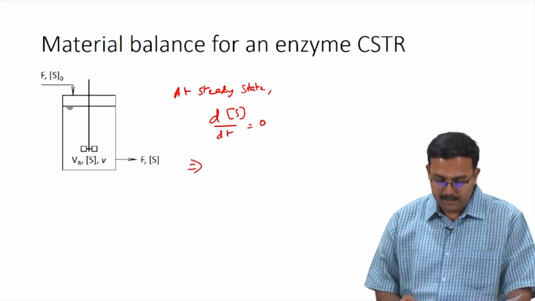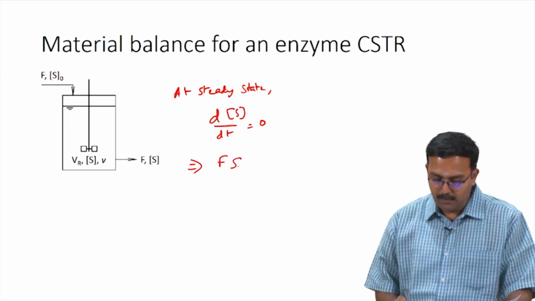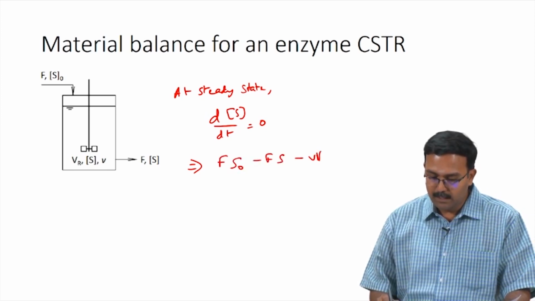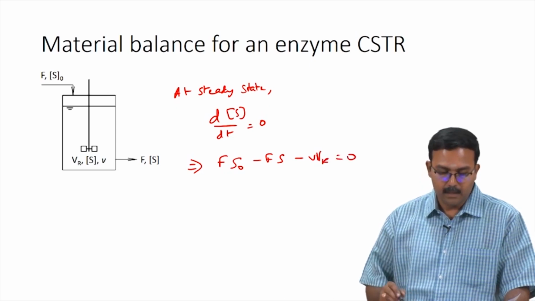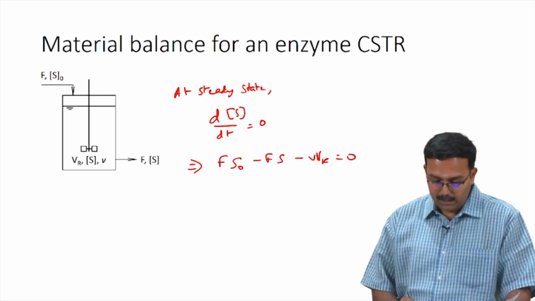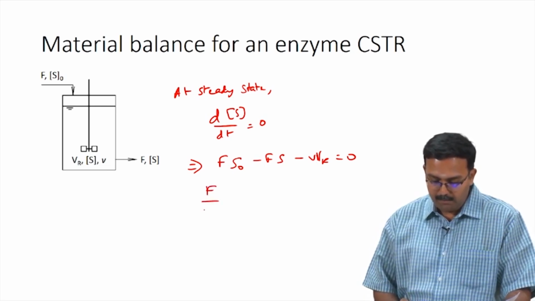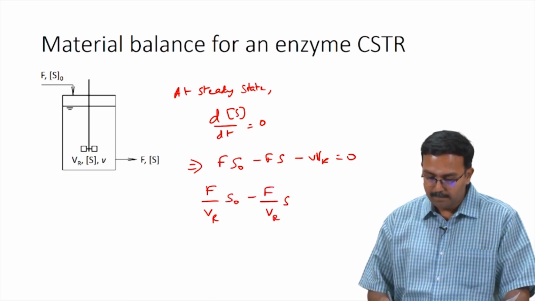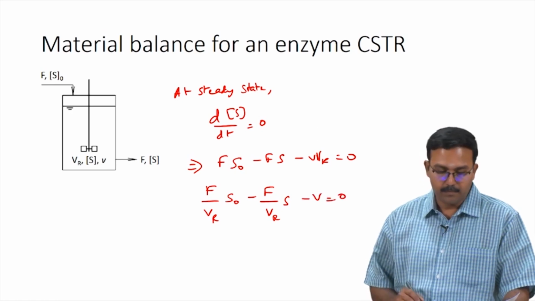So, the equation becomes F S0 minus F S minus V Vr equals 0. Dividing the entire equation by the volume of the reactor, we get F by Vr times S0 minus F by Vr times S minus V equals 0.